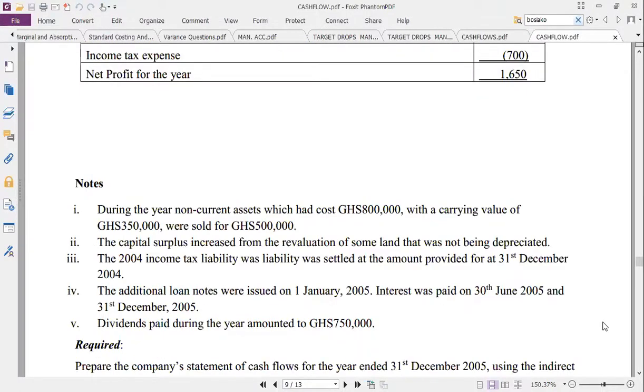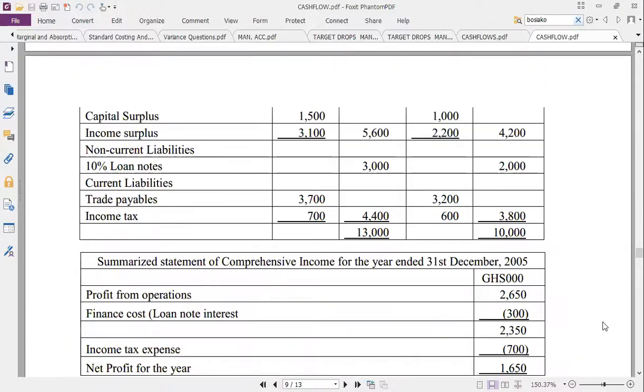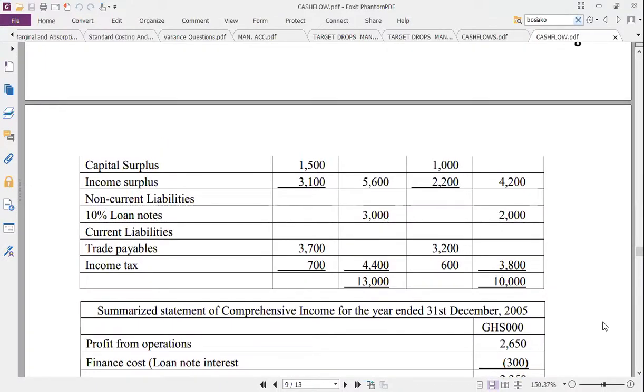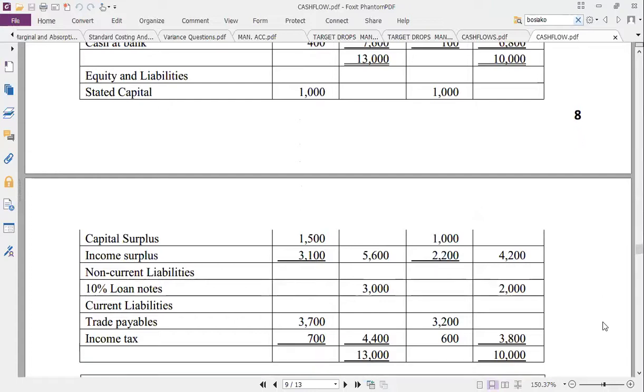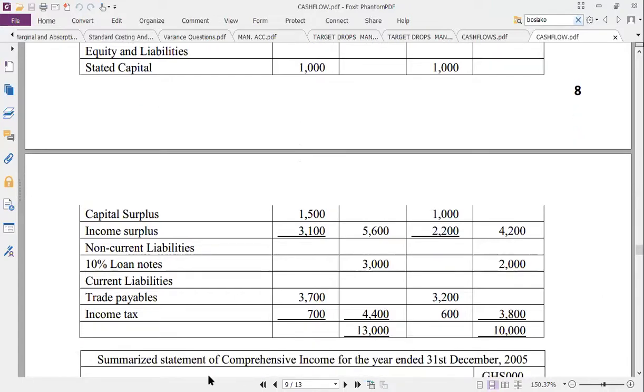And then they pay 150 in June, and 150 also paid on 31st December. Now, if we check the financial position among the current liabilities and you don't see interest there, then it suggests there's no interest liability. They are not owing interest. And if you are not owing interest, what you paid is equal to the expense.